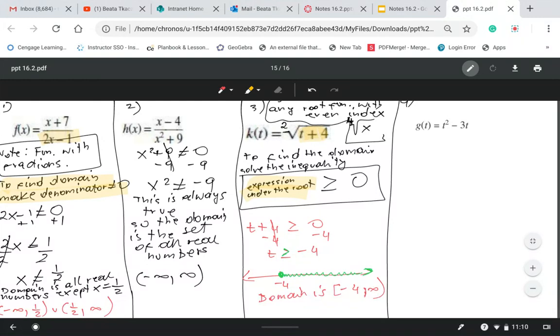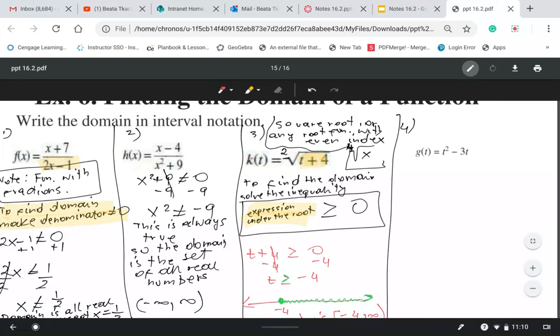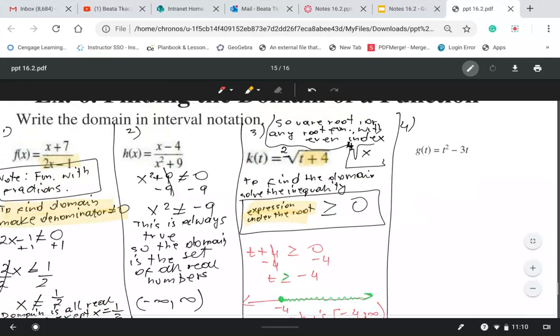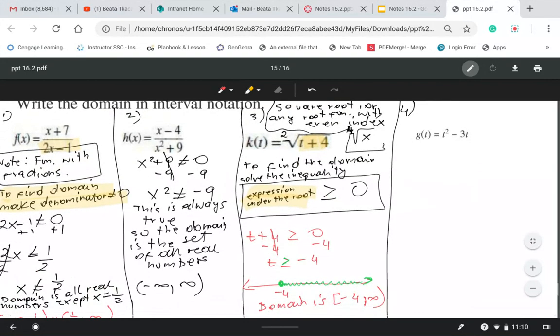If you try plugging in for t something smaller than -4, like -10, you will end up with the square root of -10 plus 4, which is the square root of -6, and you won't be able to evaluate. So we always solve an inequality to find the domain for functions which have a square root with even index.